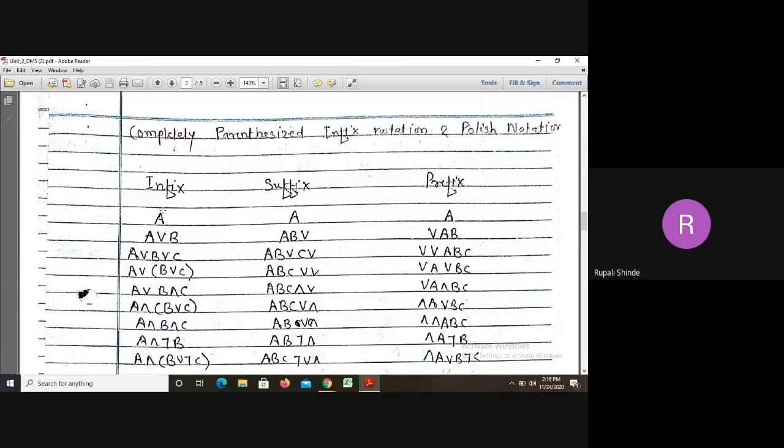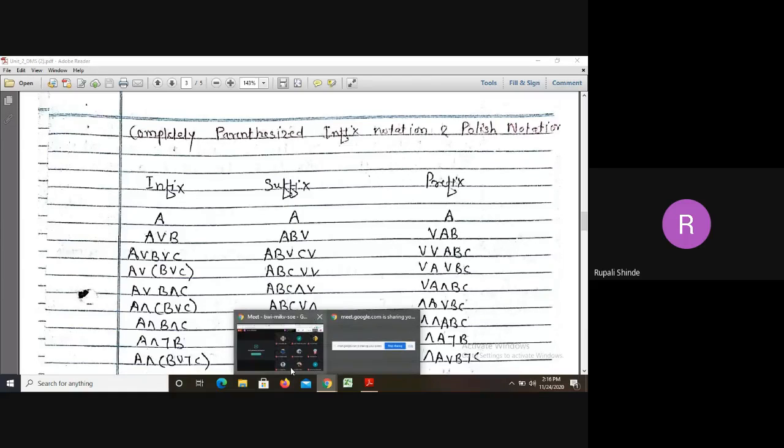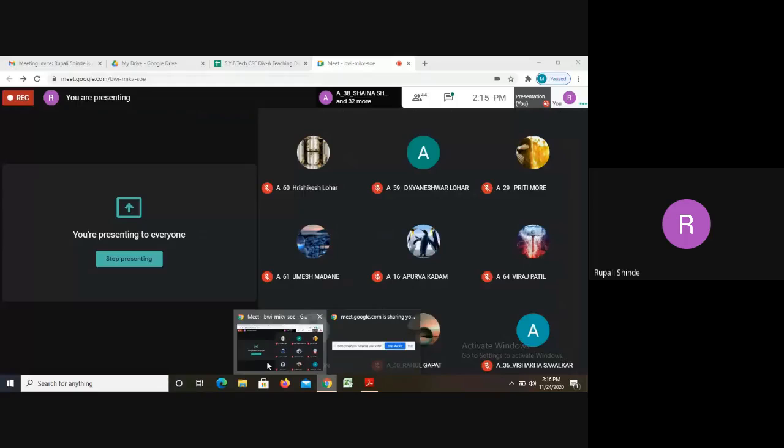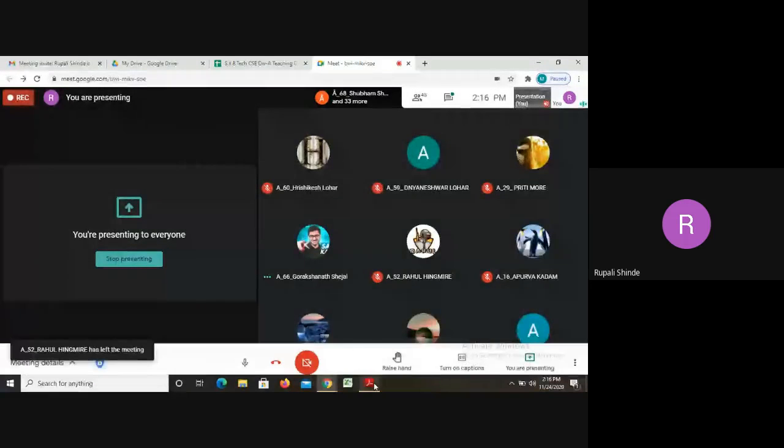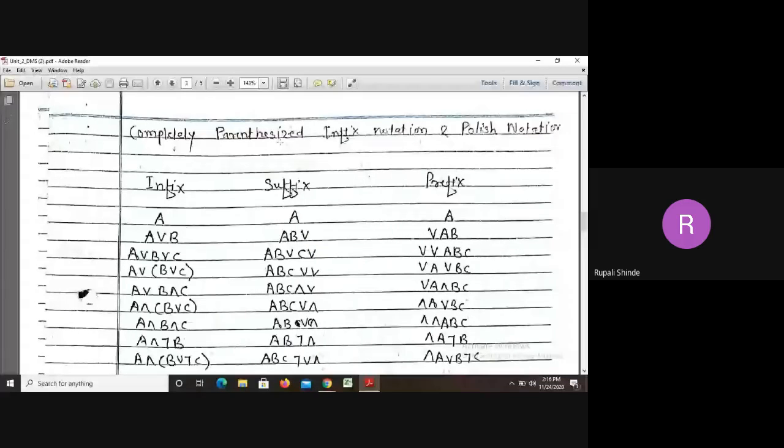Here only one operand is given, and that is A. If you want to convert this into prefix or suffix form, they will be the same, A only, because there is only one operand and no operator. So its prefix, suffix and infix are all the same, A only.